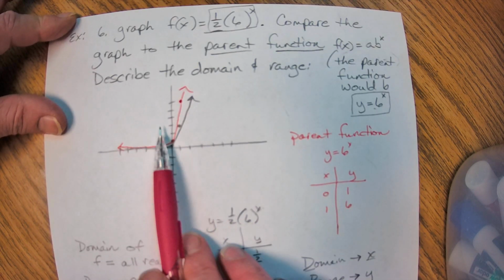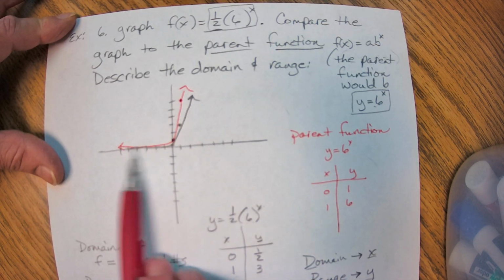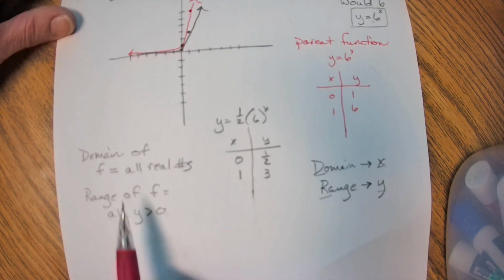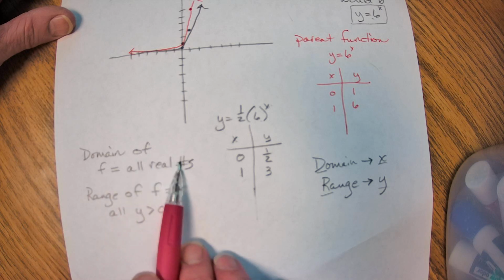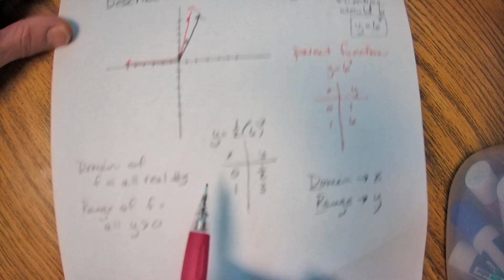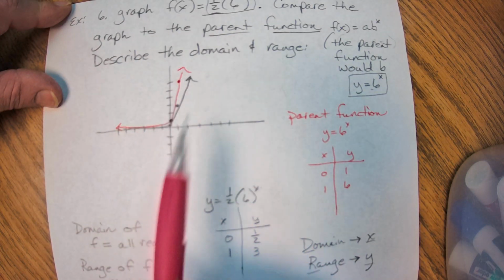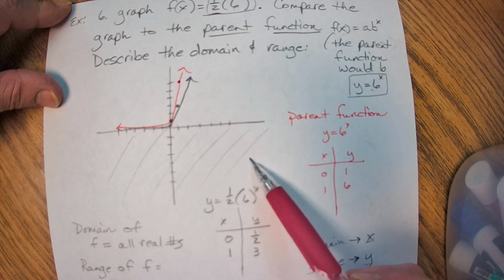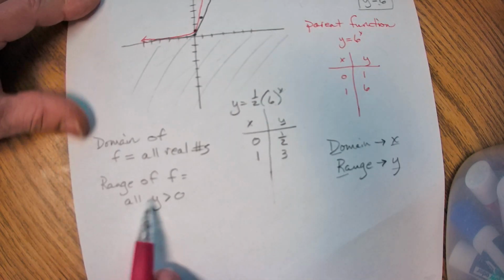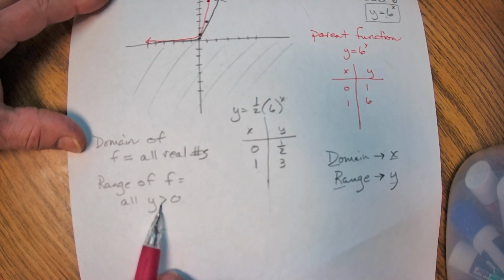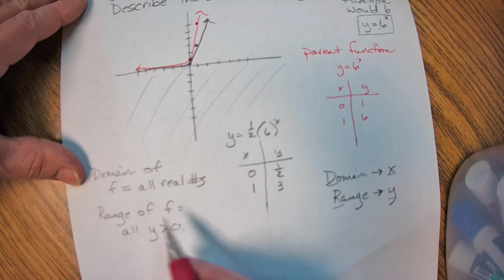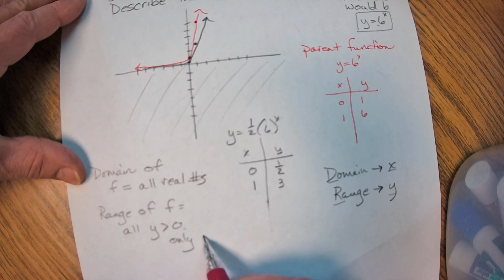If you look at this graph, there's nothing that x cannot be. X can be anything, so that's why we say the domain of f is all real numbers. But the range is a little different, because notice that there is nothing down here where y is negative. So the range of f is all y greater than 0. This means only positive outputs.